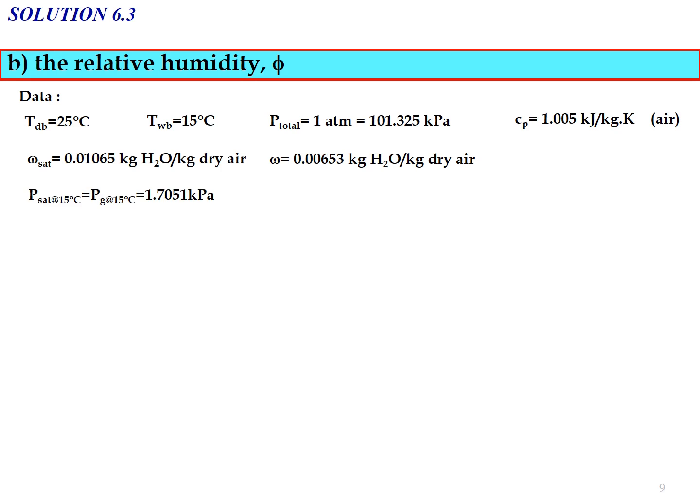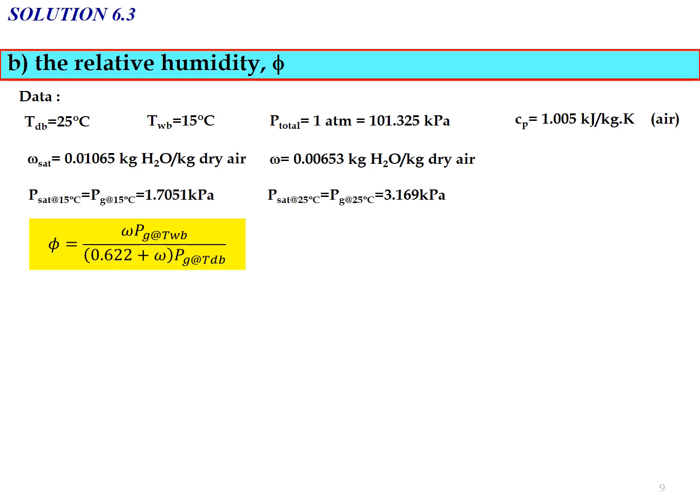P saturated at 15 degrees Celsius equals 1.7051 kilopascal, and at 25 degrees Celsius equals 3.169 kilopascal.